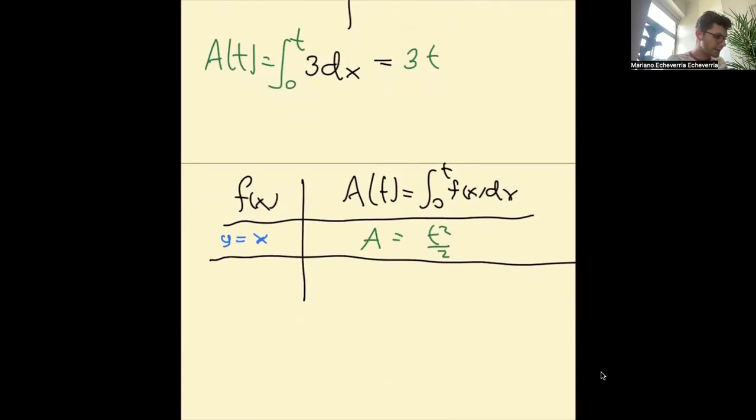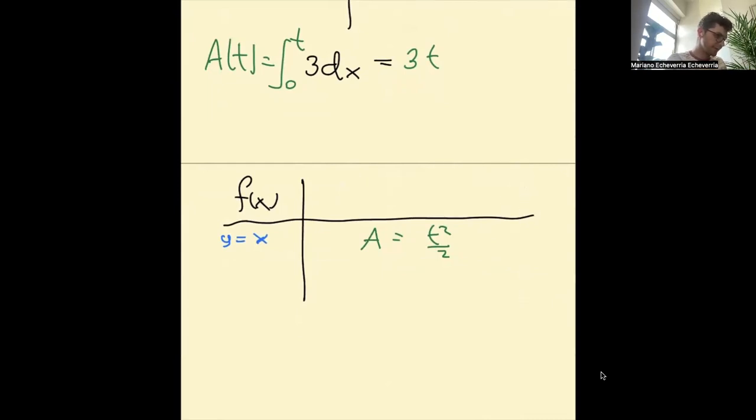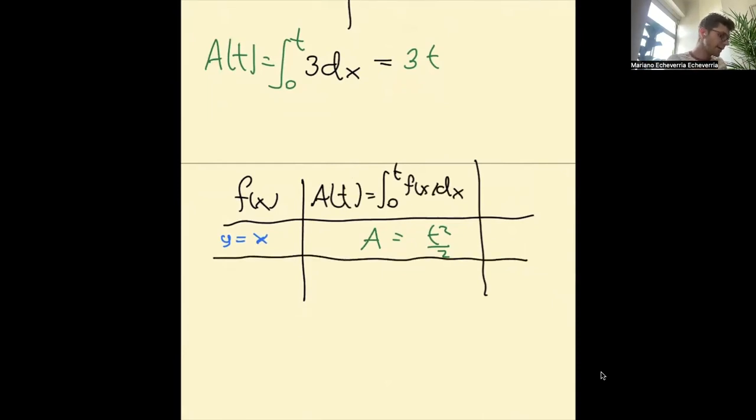And if you put y equals 3, for example, the area function in terms of t is 3t.